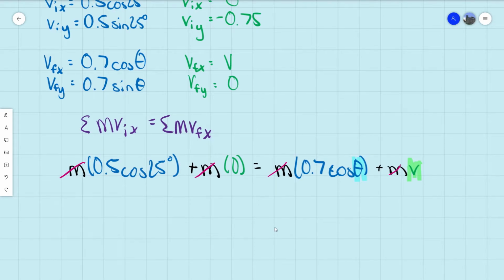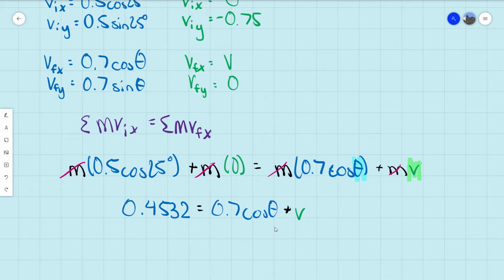So this becomes 0.5 times the cosine of 25 degrees. And if I were to consult my calculator, this is a gross number. 0.4532. And this equals 0.7 cosine of theta plus v.